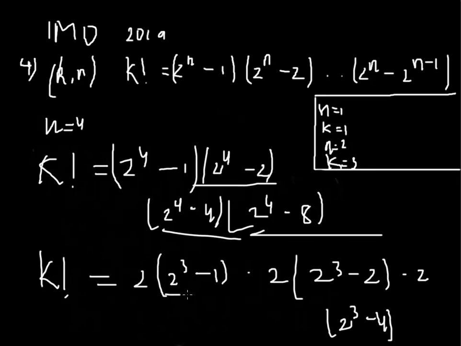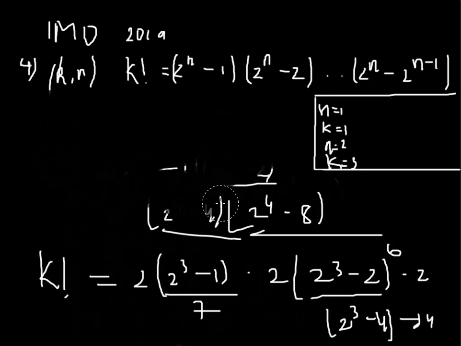So this is 7, this is 6, this is 4. So we know the pattern, 7 6 4. For the other numbers, when n equals 5, 6, 7 and so on, we get 7 6 4.